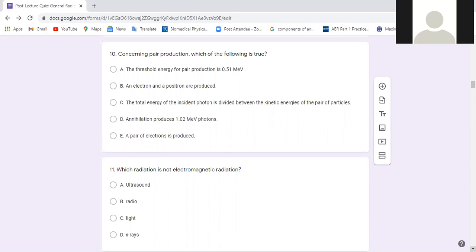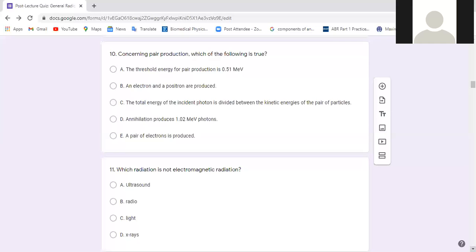Annihilation has to do with the positron that has been produced in pair production. The electron that has been produced will continue on its own path, maybe interacting with the nucleus and so on. Whereas the positron will also want to undergo an interaction in that volume of tissue or wherever it has been produced.